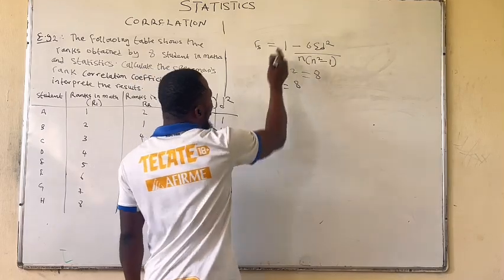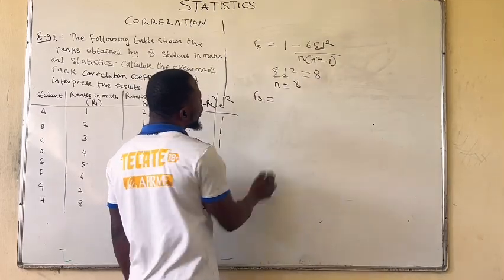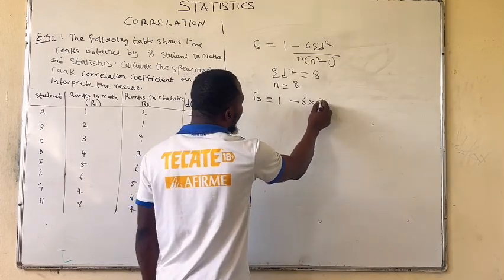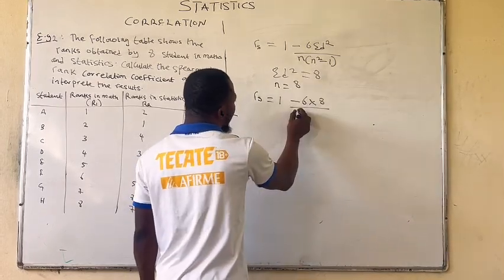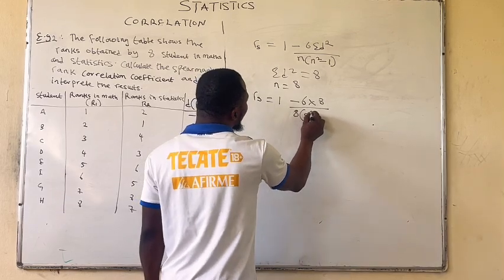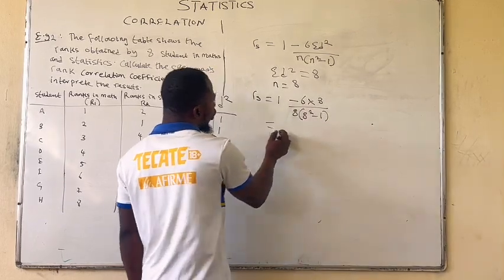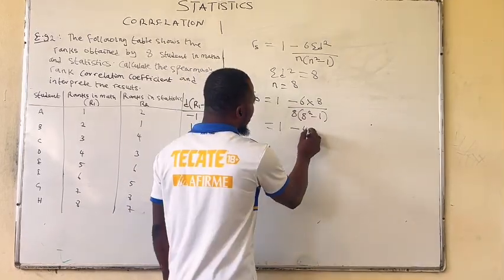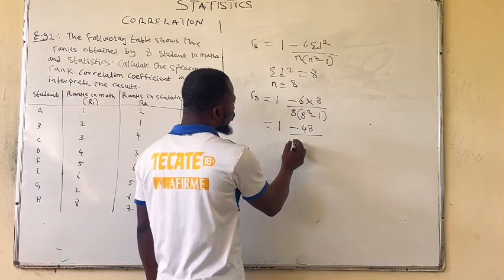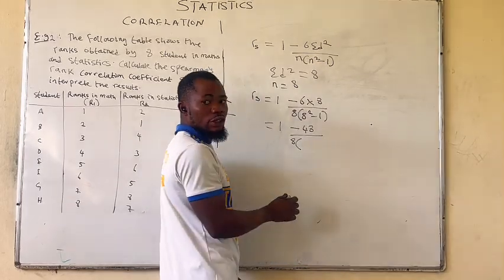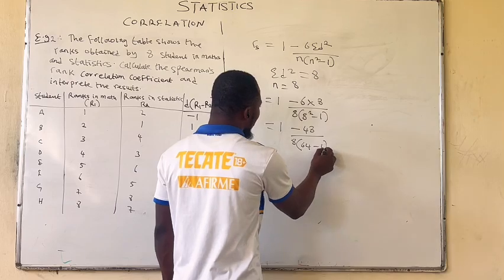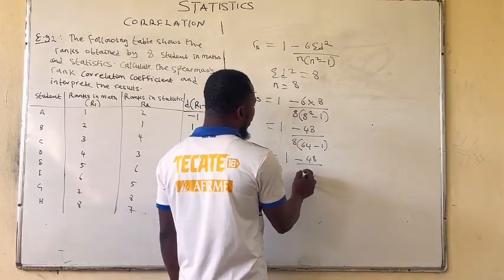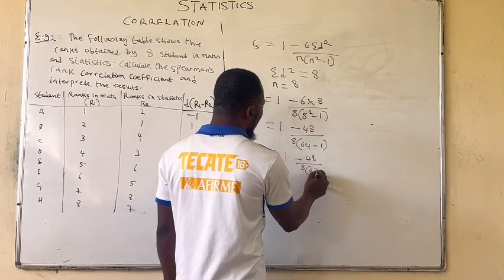Substituting this in our formula, our Spearman rank correlation will now be 1 minus 6 times summation of D square, which is 8, divided by N, which is 8, into 8 square minus 1. So that equals 1 minus 6 times 8, which gives us 48, divided by 8 into 64 minus 1, which equals 1 minus 48 divided by 8 into 63.